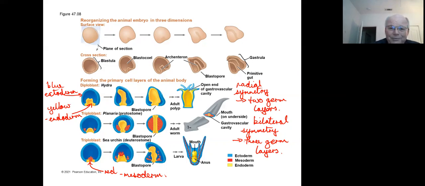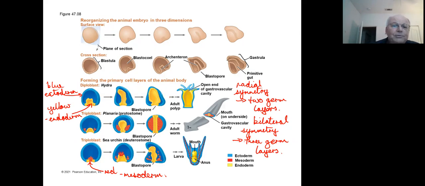It is the lining of the gut, and it also gives rise to the organs associated directly with the gut, not the auxiliary organs, but those organs that are directly associated with the gut. So bilateral symmetry, three germ layers, and we say that they are triploblastic. Radial symmetry, two germ layers, they are diploblastic. So what is the nature of protostome versus deuterostome?